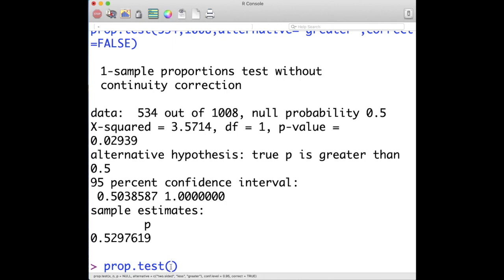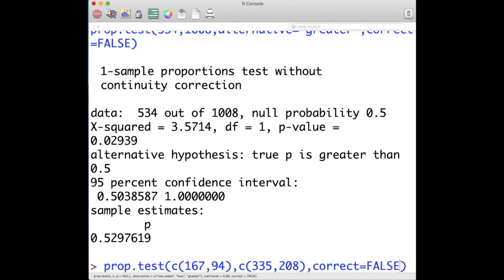If we have 2 population proportions, what we're going to have to do is enter these both as lists. So for the first population, 167 of 335 voted. For the second population, 94 of 208 voted. And we want our correction to be false.